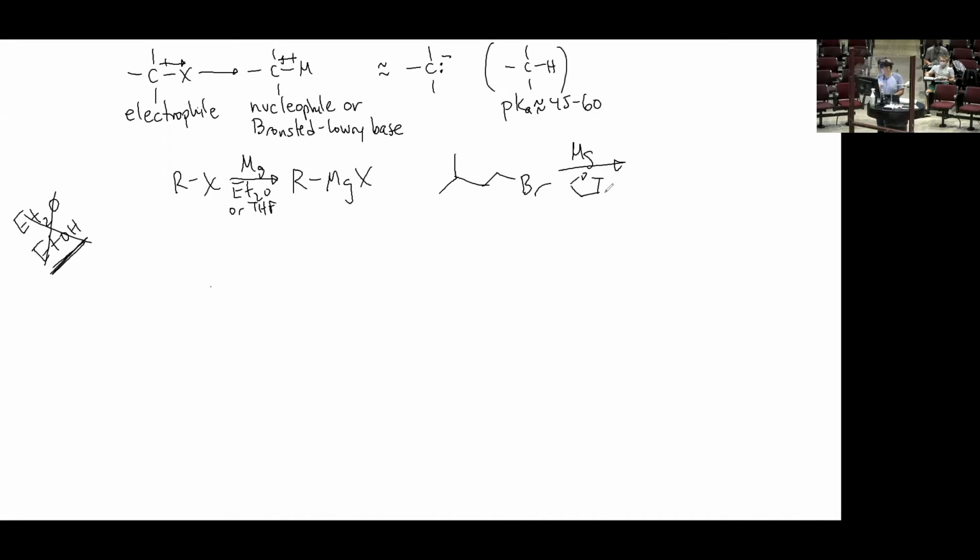It's a 5-membered cyclic ether, but you can use either diethyl ether or THF in most cases. I would expect that magnesium would insert in that carbon-bromine bond, and the same would happen if this were a chlorine or an iodine. I don't want you memorizing it as BR. It's not necessarily BR, but here it is. But I would expect you would get that Grignard reagent in pretty good yield.